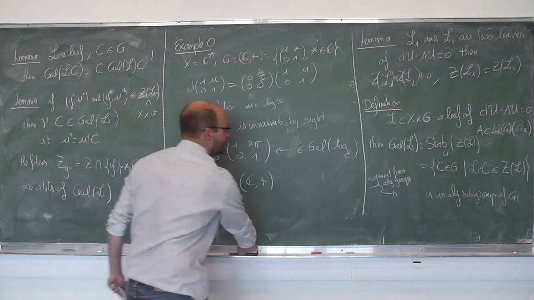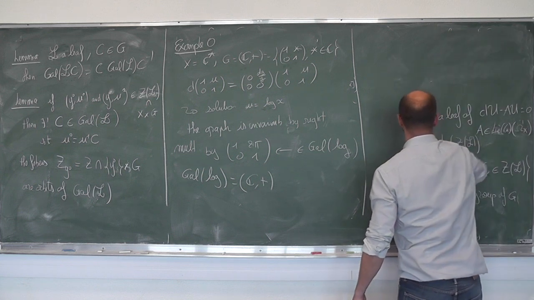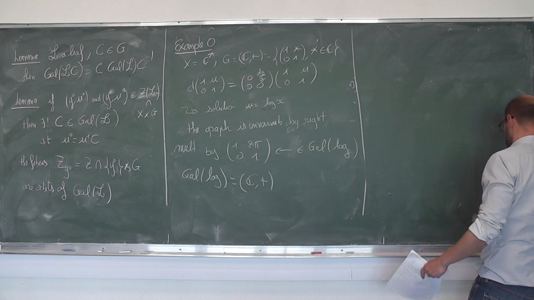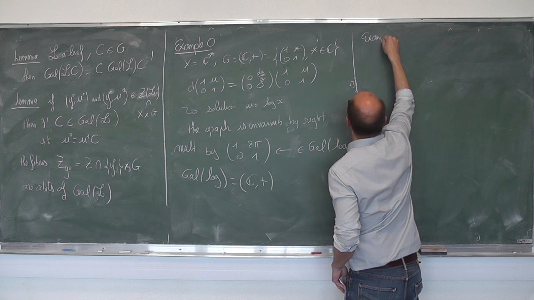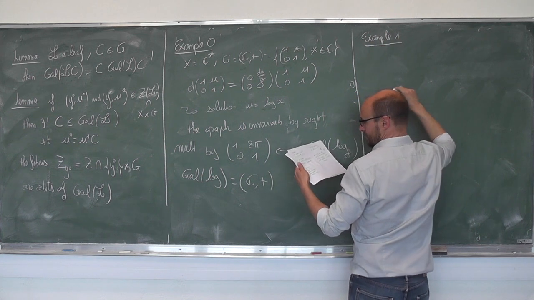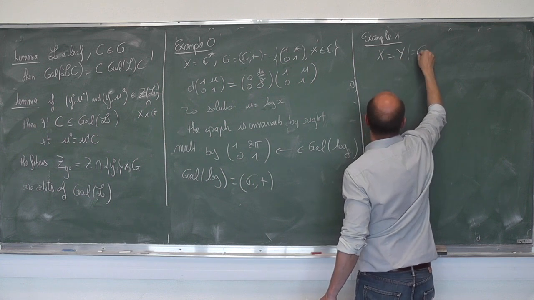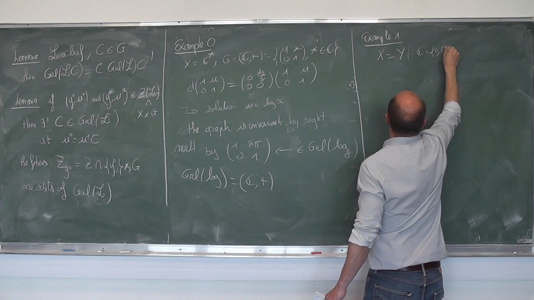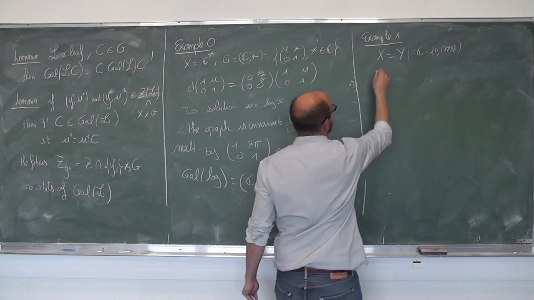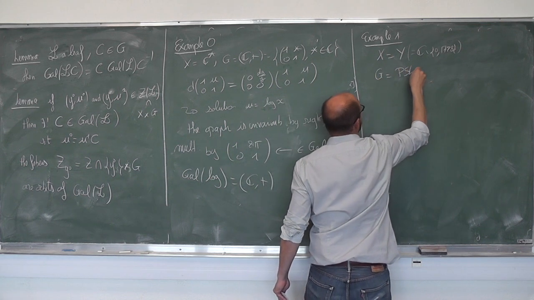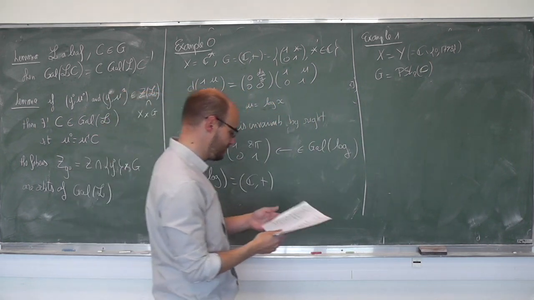Okay. The example 1 is our equation, the equation we want to study. So X is our space Y. Remember that Y is C minus these 2 points, and G is PSL2 of C that we see as 2 by 2 matrices up to some identification.